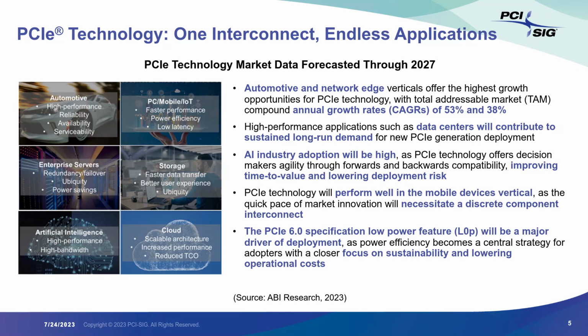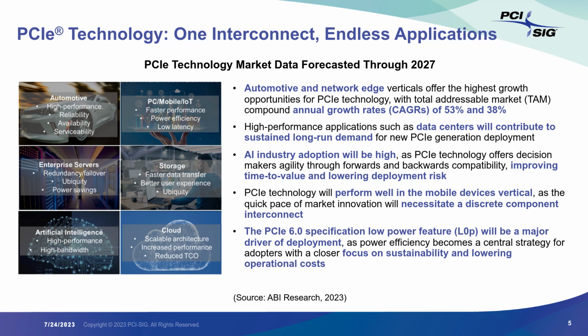Looking at PCI Express, we've been around, like I said, for over 20 years. And we recently commissioned a research report from ABI Research. They went through a number of market segments, looking at PCI Express usage. And so looking at that, we see tremendous growth of PCI Express usage in automotive and network market segments, for the highest growth rates.